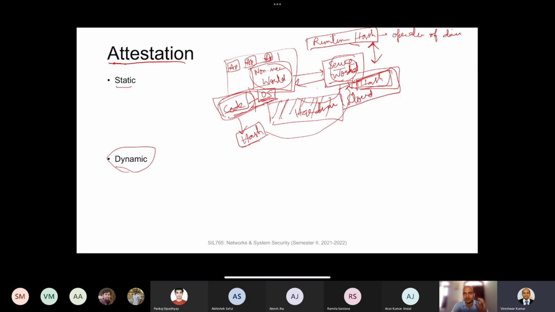The final goal is to make sure that whatever is stored in the secure world could be compared with the runtime hash. So in any scenario, if you could satisfy that condition, then things will work. That is not a problem.